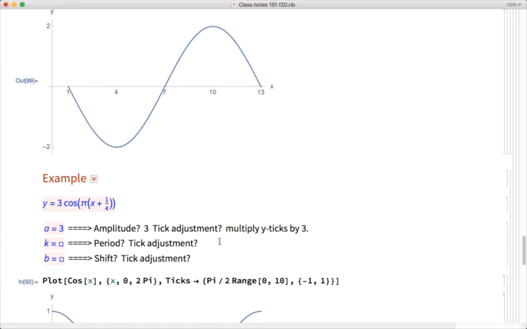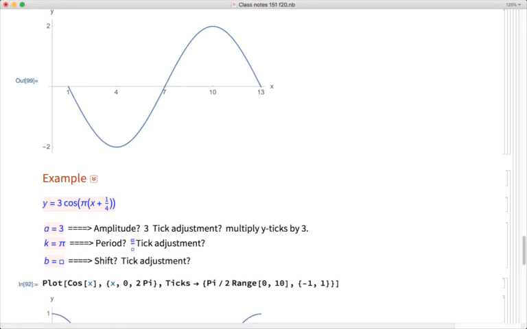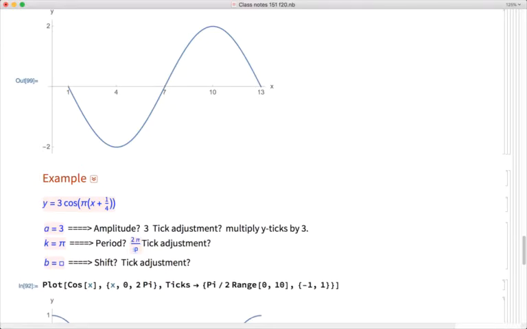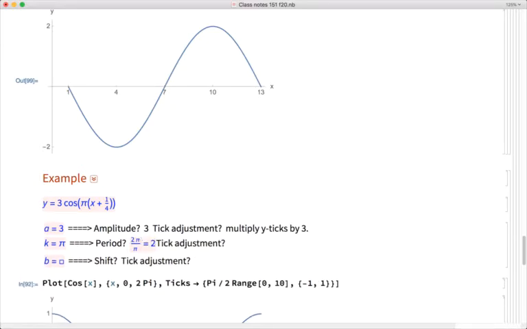We're going to get the period from having figured out the k. So the period is 2 pi divided by pi, which will be 2. And the tick adjustment, we divide all x ticks by pi.